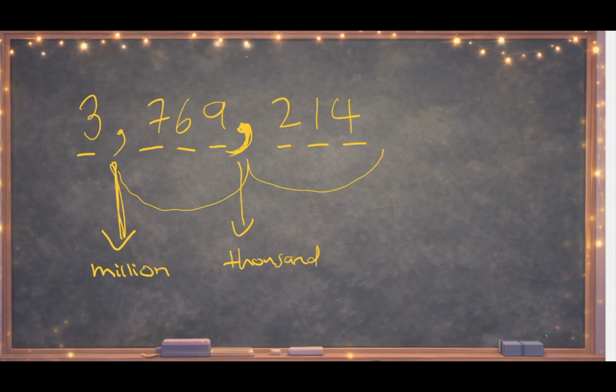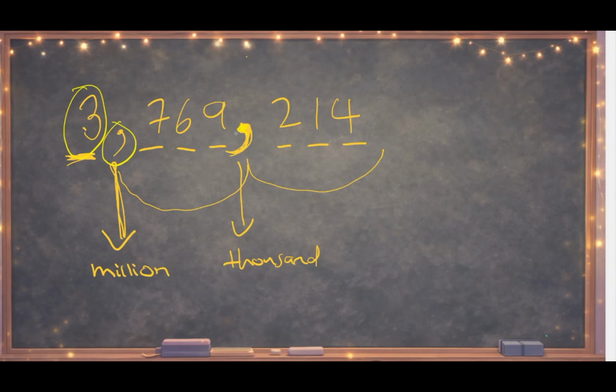And when we are reading the number, we always have to look at the number from the biggest place value, which is 3 million here. 3 million. And we pretend we don't see the comma. We pretend we don't see the comma here, and we read it as 769.